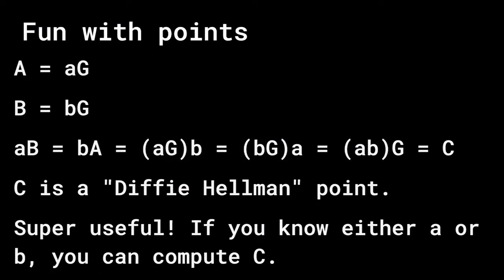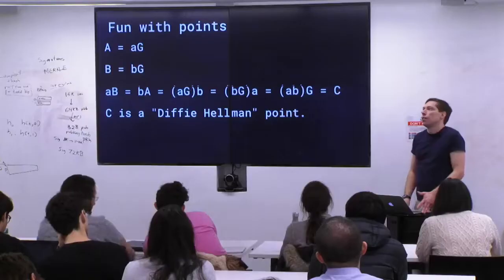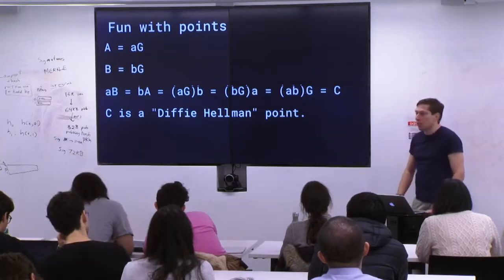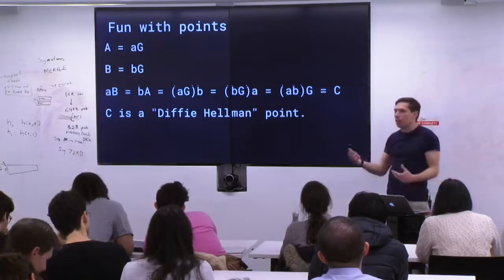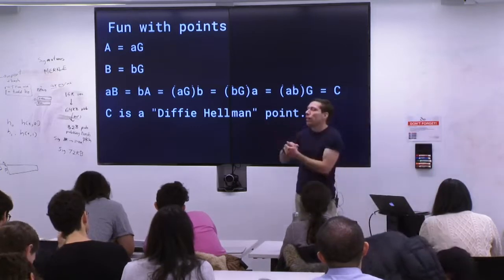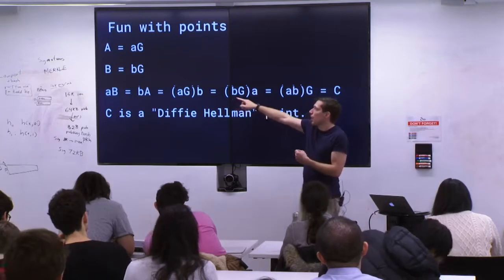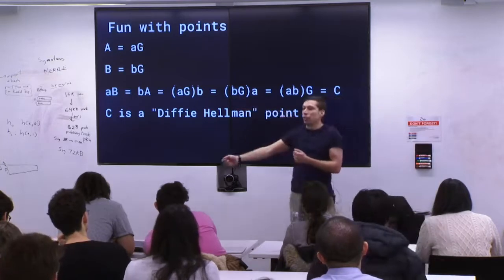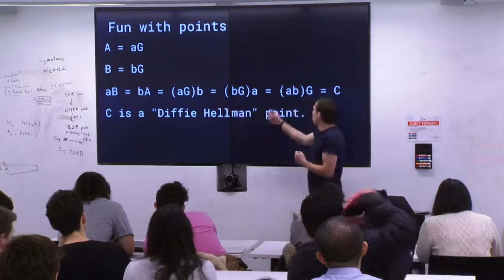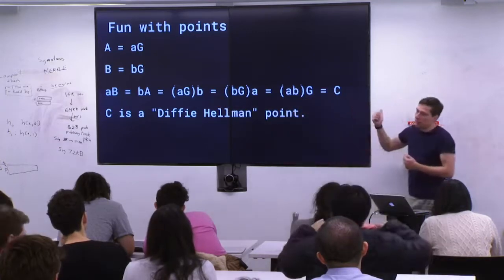You can compute C. You can use it for encryption. You can use it to prove you are who you say you are. You can use it as like an interactive verification where you say, okay, I'm Bob. I'm going to make a random point and give that to you. Prove you know your private key, little a, by telling me what C is.